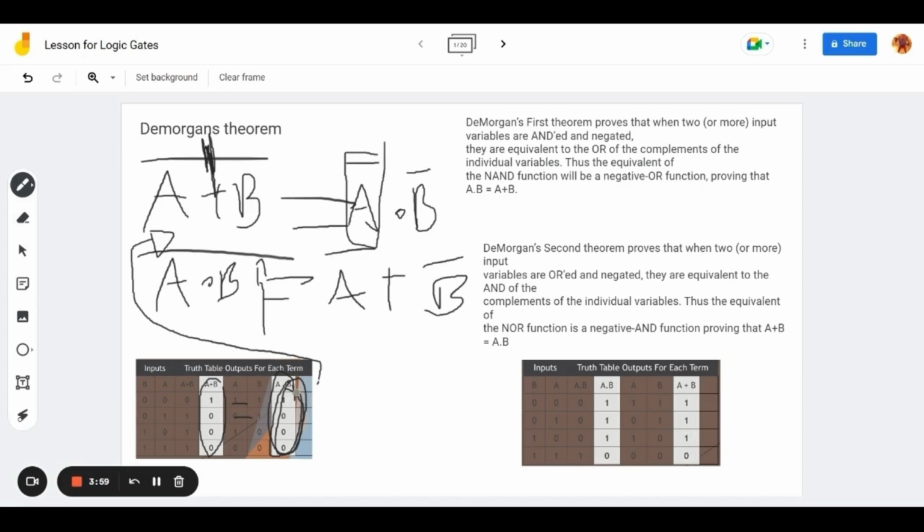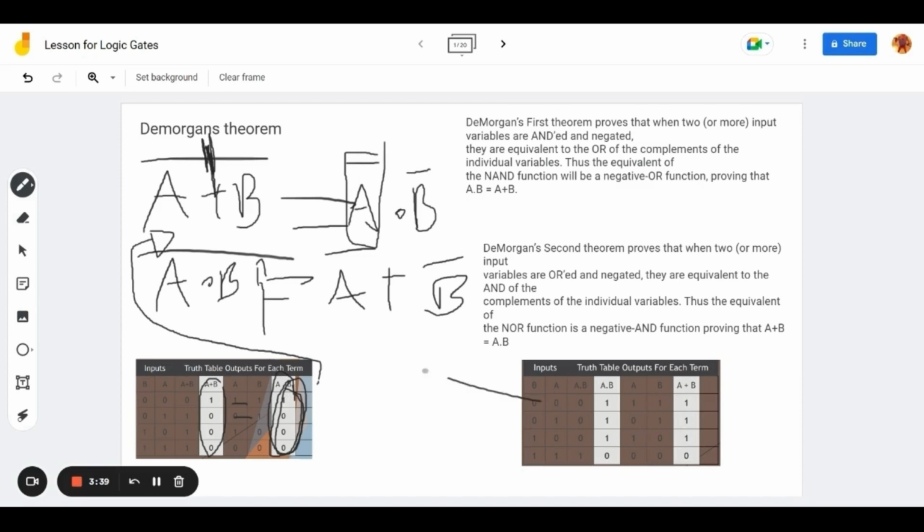Because of this phenomenon of NOT (a plus b) equaling NOT a times NOT b, we were able to open the brackets up, and in that way NOT a times NOT b equals NOT (a plus b), due to this one single phenomenon.